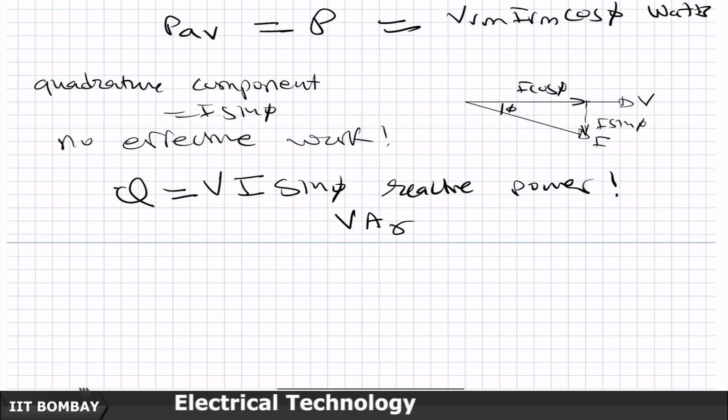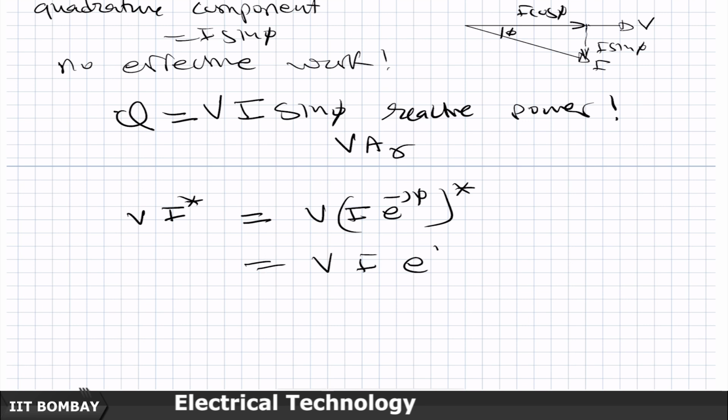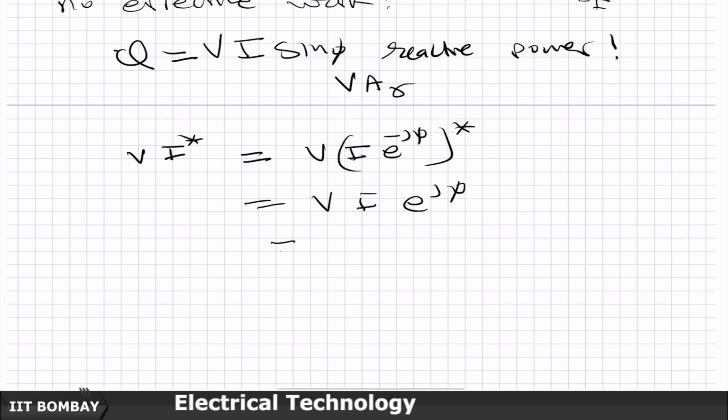And so, now if I look at V I star, then V I star is going to be V into e to the power j phi, which is Vrms Irms e to the power j phi.